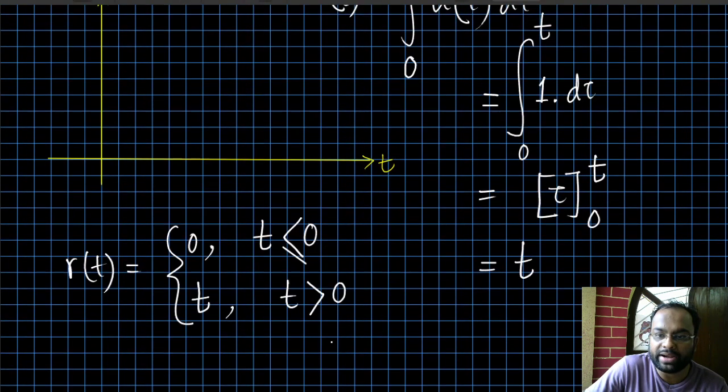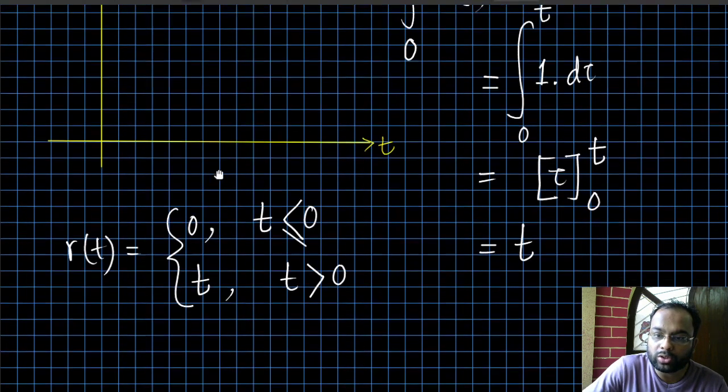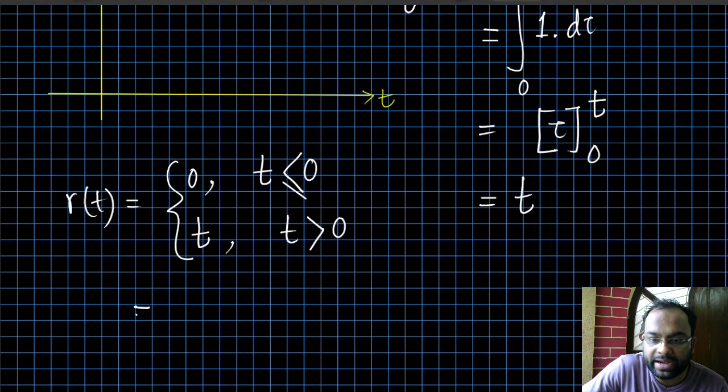So the ramp function is equal to t when t is greater than 0, and when t is less than 0, it's defined as 0, right? This can also simply be written as t times u(t).